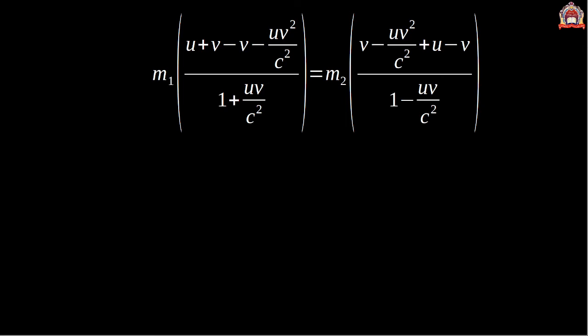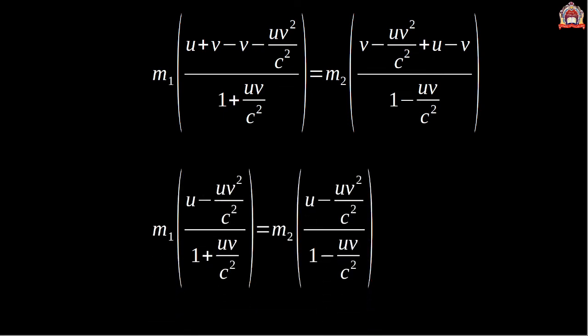Then just rearrange it. So plus v and minus v get cancelled here, and here as well. So we get u minus u v square by c square on this side, and on this side u minus u v square by c square.